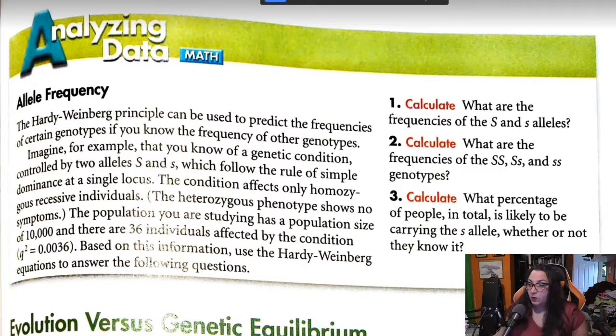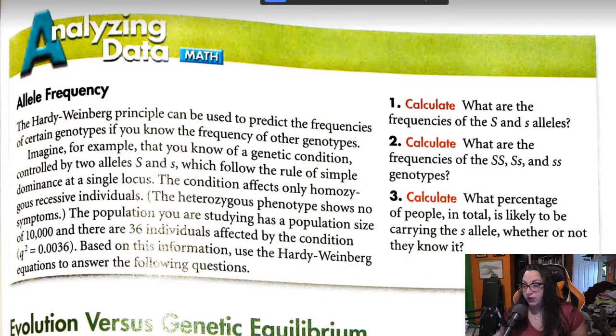Okay. And so mathematically that works out to 36 out of 10,000, which is 36 10,000ths. So our q squared is going to be 0.0036. Based on this information, we use the Hardy-Weinberg equations to answer the following questions. We already talked about the questions. What are the frequencies of the S and s alleles?